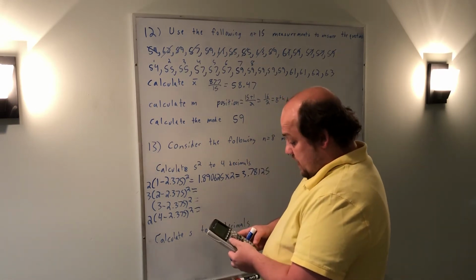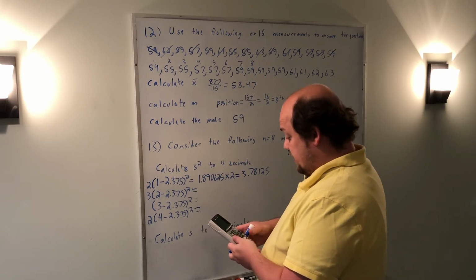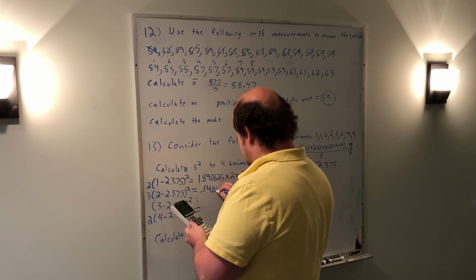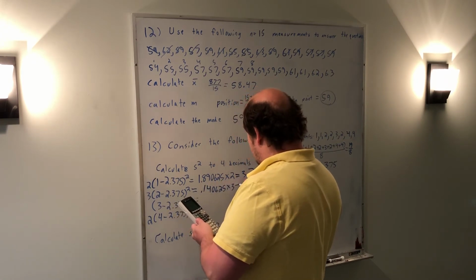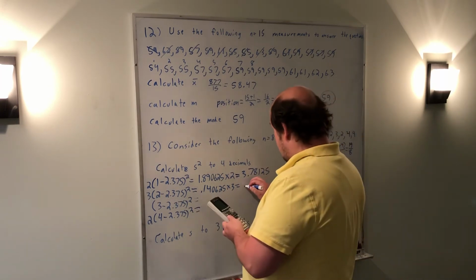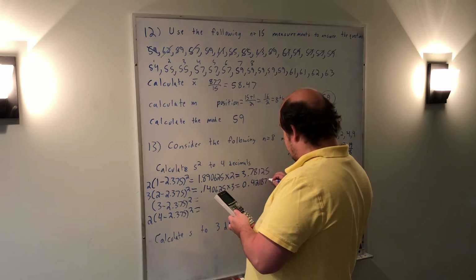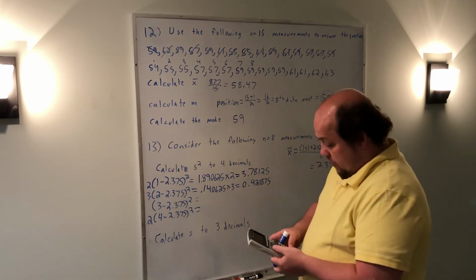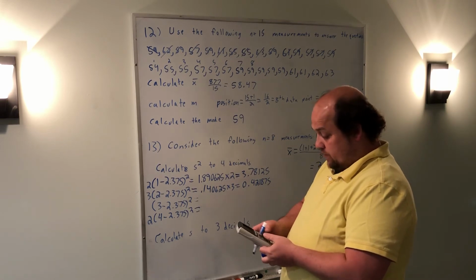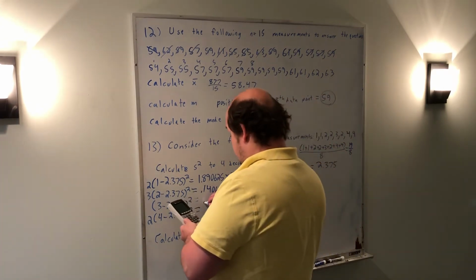When I do the same thing, except now for 2, 2 minus 2.375 squared gives me 0.140625, which I'm going to multiply by 3. When I multiply that by 3, I get 0.421875. When I do this for 3, here I'm only going to do it once because there's only one data point that's 3.